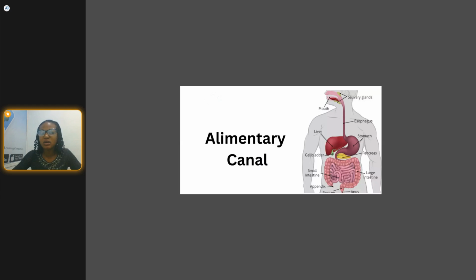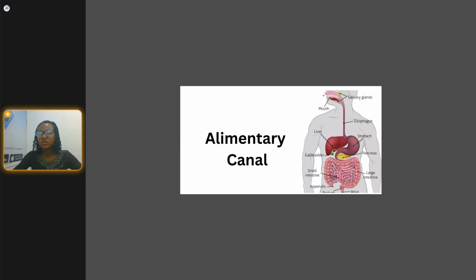So the alimentary canal encompasses all the organs in digestion.